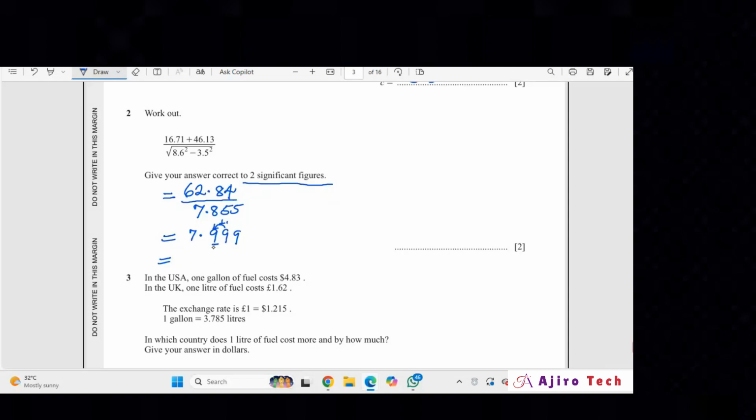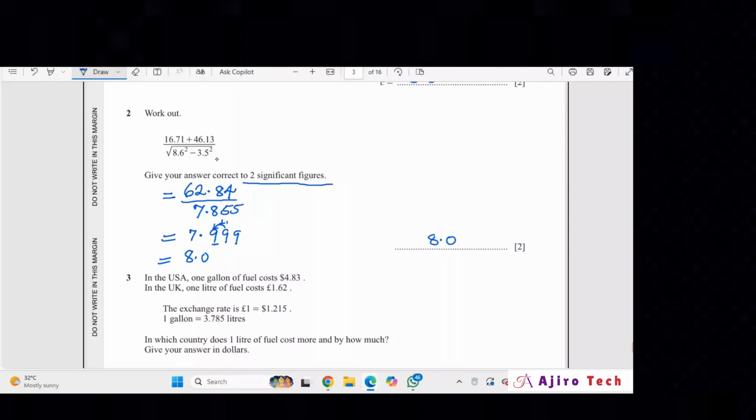When you add it, it becomes 10. And you're not going to write 7.10, it's wrong. So you write 0 there and carry 1 to this place, which will now become 8.0. So if you solve this, to two significant figures it gives us 8.0. So are we following now?